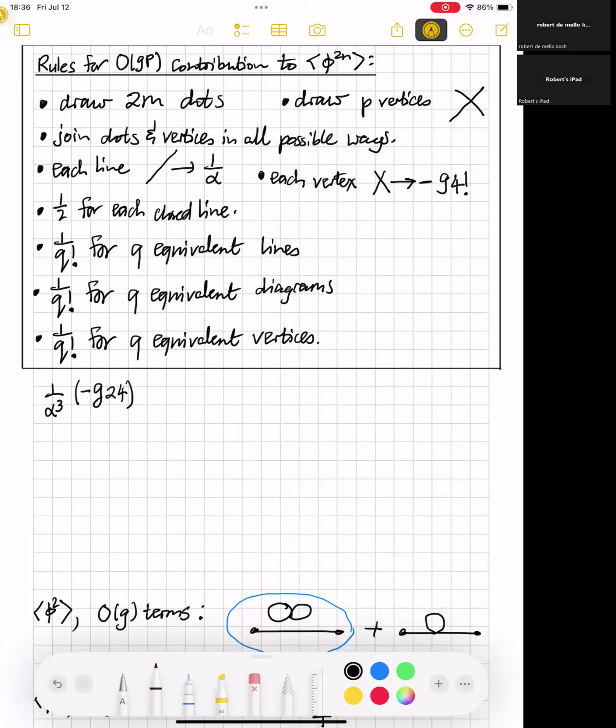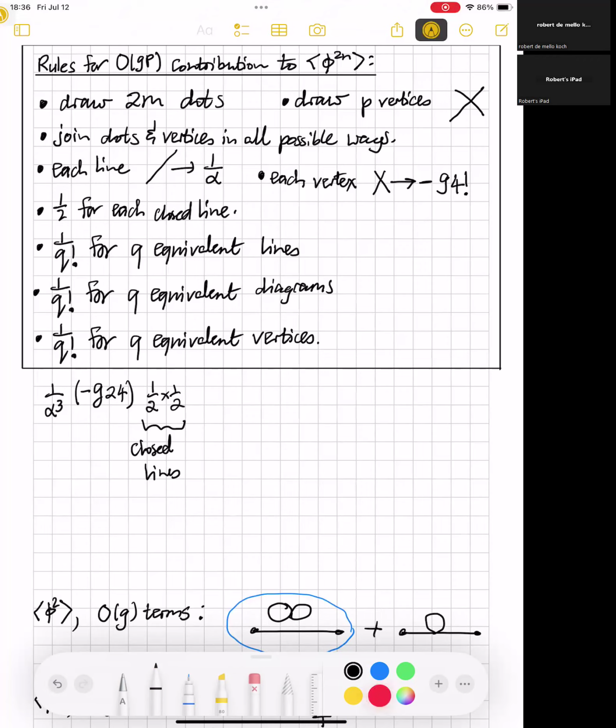Then, how many closed lines do we have? Well, there's one closed line, there's a second closed line. We get a half for each closed line, so we'll get a half times a half. And just so that you remember, that factor is from closed lines. Then how many equivalent lines do we have?